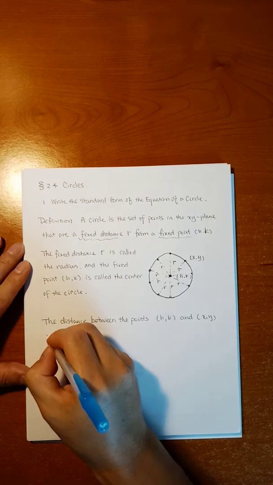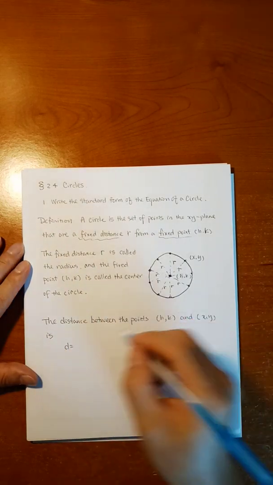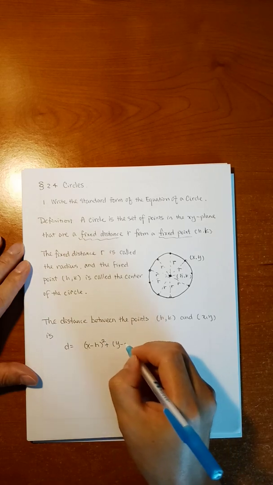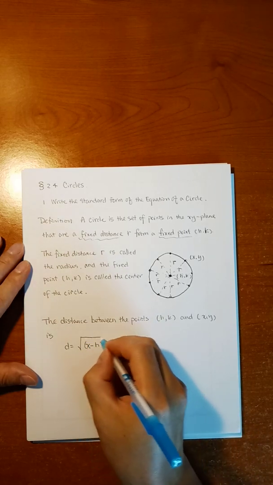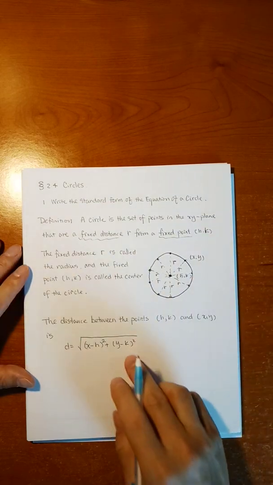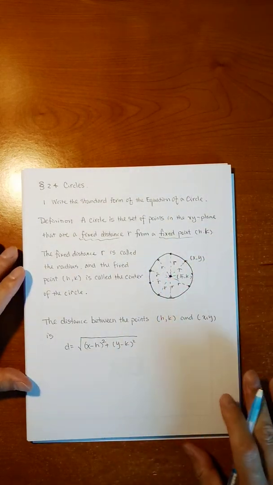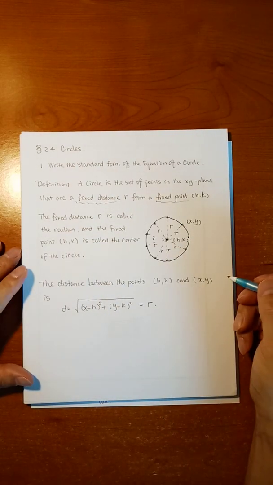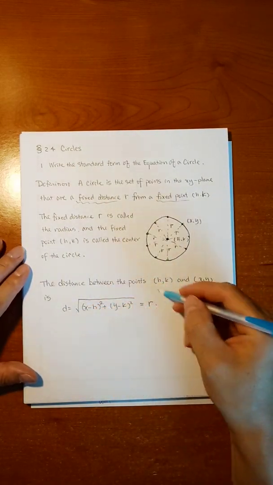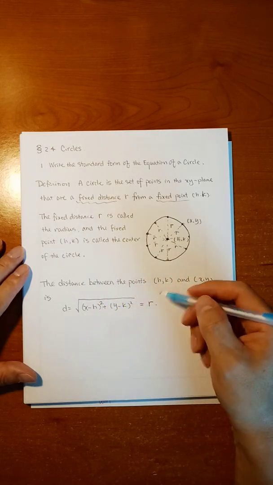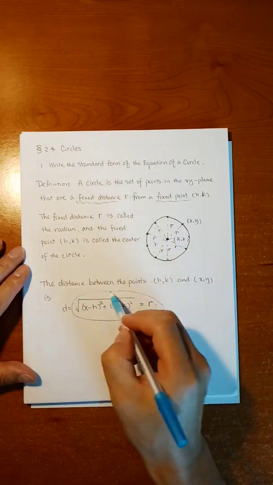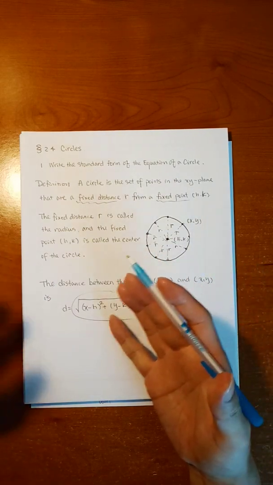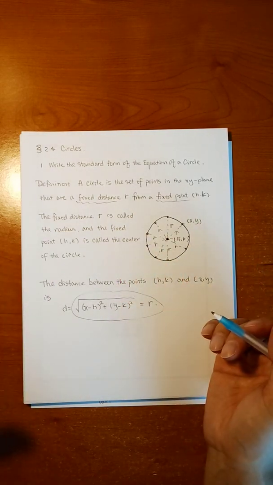We have the distance formula. x minus x coordinate, y minus y coordinate, and take square root. So this is the distance between these two points, and it is equal to r, so you let it be r. That is a geometric condition, and all the solutions of x, y will give us the points on the circle.